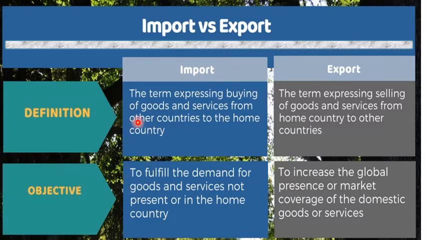The objective of import is to fulfill the demand of goods and services not present in the hometown, meaning those things which are not produced in our country in good amount, so we have to buy those goods and services from other countries. And why do we have to export? To increase the global presence or market coverage. Market coverage means that for the sake of economy we are selling those things to other countries so we can have a better economy.